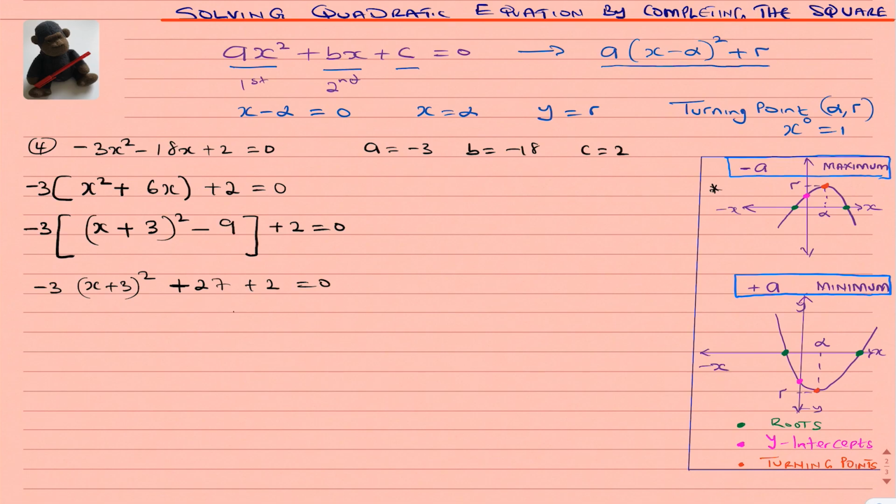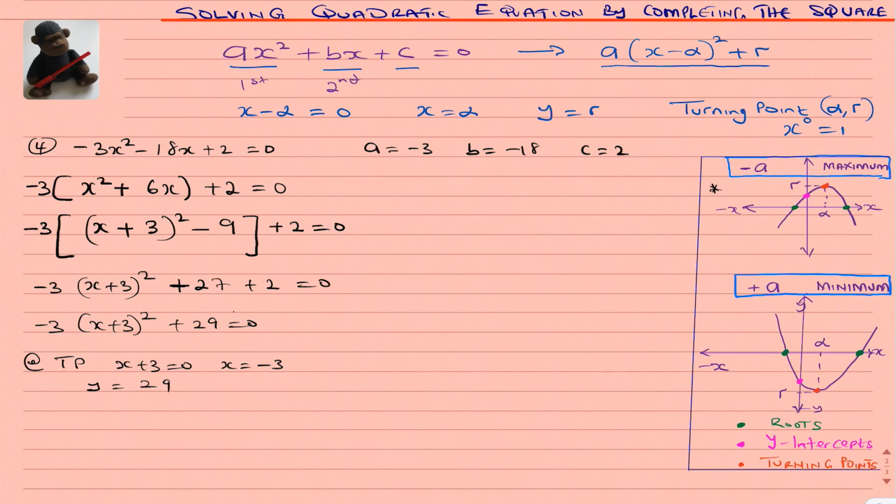In this case, we now have minus 3 x plus 3 squared plus 29 equal to 0. So at the turning point, my x plus 3 will be equal to 0, and therefore my x equals minus 3. My y equals 29 at the turning point.